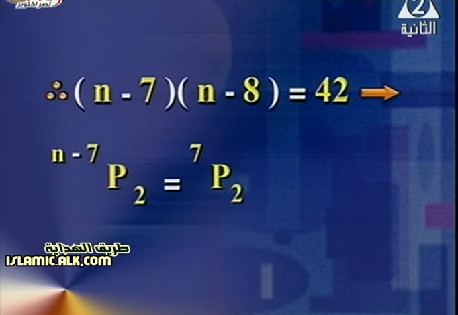Why? Because 14 minus 7 is 7, 14 minus 8 is 6, 7 times 6 equals 42. By using the oral method or substitution method, n minus 7 P2 equals 7P2. Therefore, n minus 7 equals 7, n equals 14.